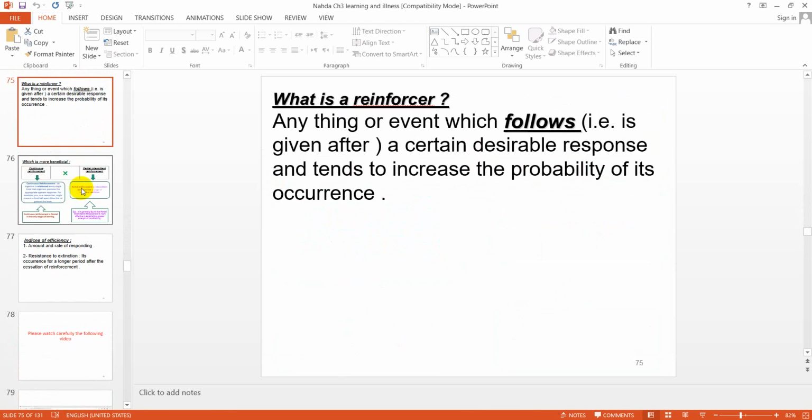It is a reward or anything or event which comes after, is given after, a certain desirable response and tends to increase the probability of its occurrence. So we have two main characteristics of the reinforcer. Number one, it must come after the desirable response. And number two, it should increase the probability of its occurrence.